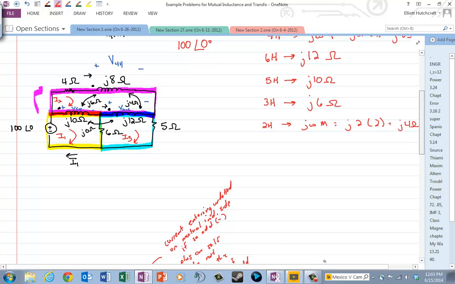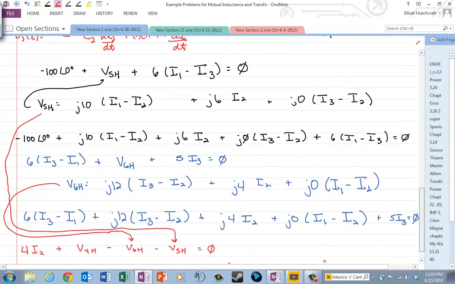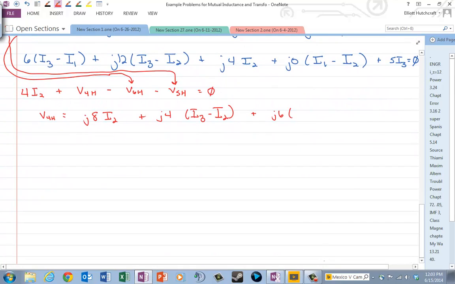So the current going into that dot, I1 is going into the dot, I2 is not, so the net current going into the dot is I1 minus I2. And so that's my term for V4H.